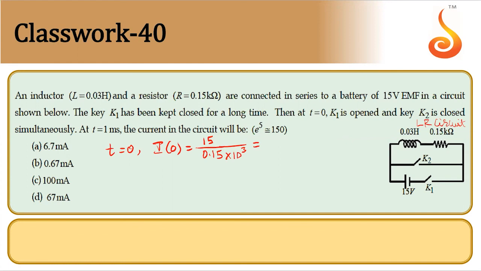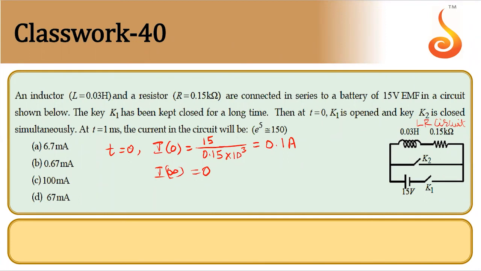That will be 100 divided by 10 power 3, that is 0.1 ampere. And I of infinity will be equal to 0 because there will be no current. So K2 is closed. So I of infinity will be 0.